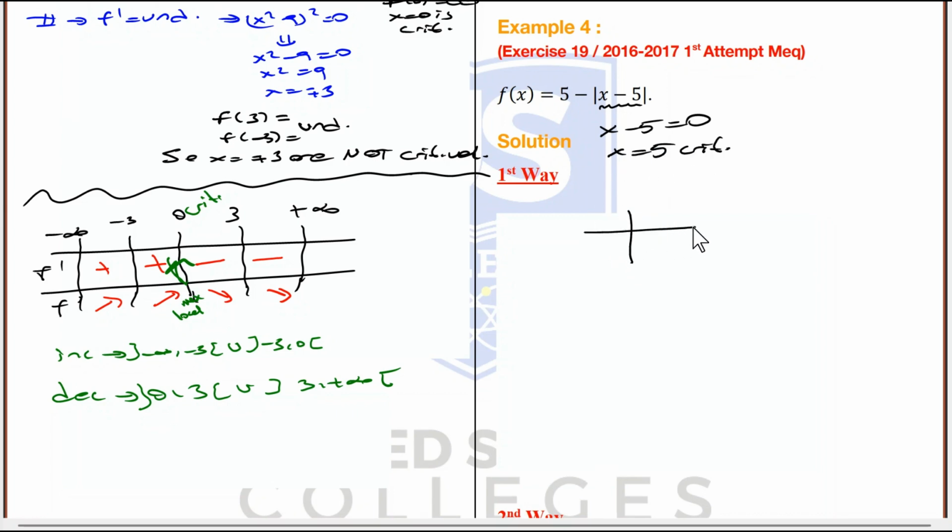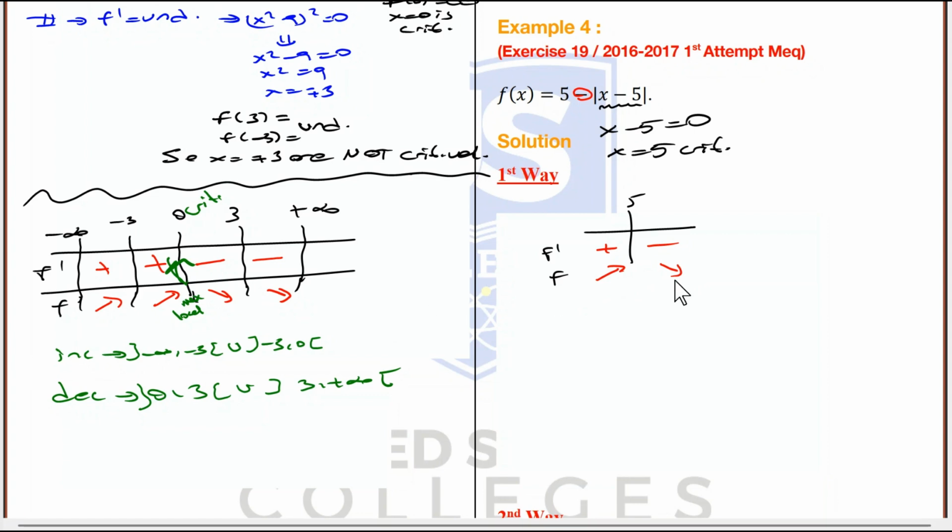So you make a table, put 5. Let's check the sign in front of the absolute value, which is negative. Start with negative on the right, so the left side will be positive. This is your f prime. So f will be increasing here, decreasing here.